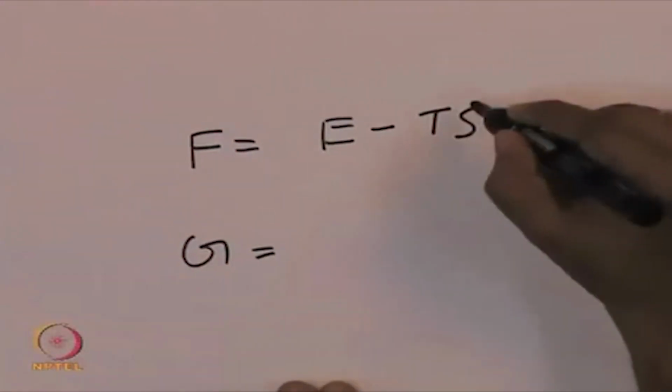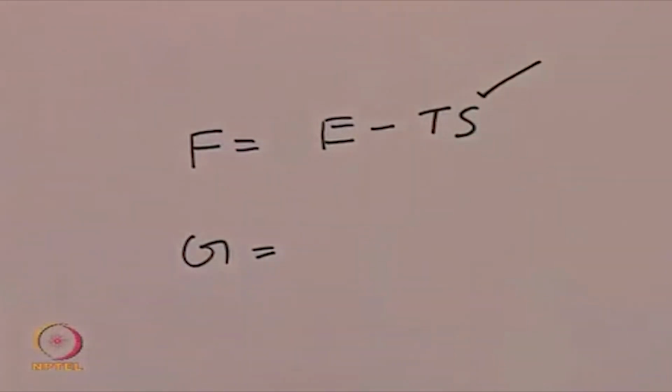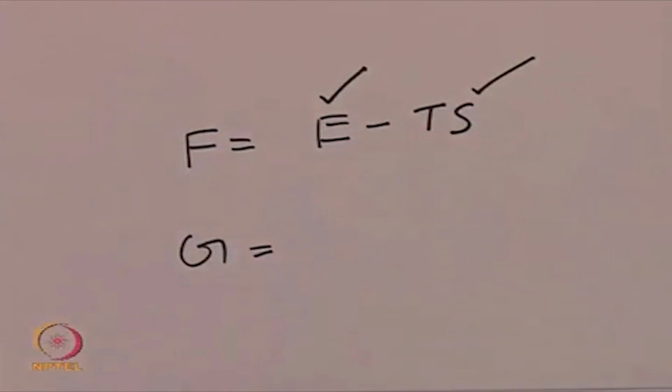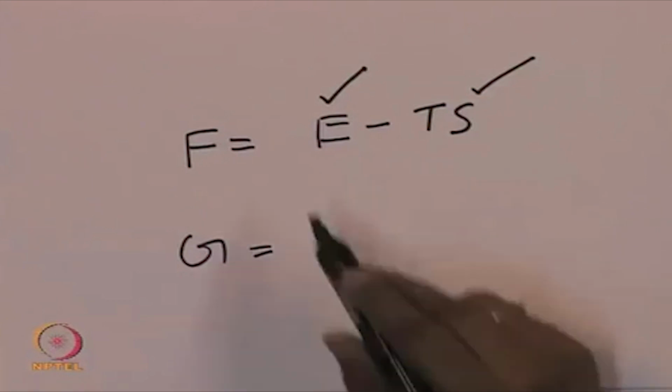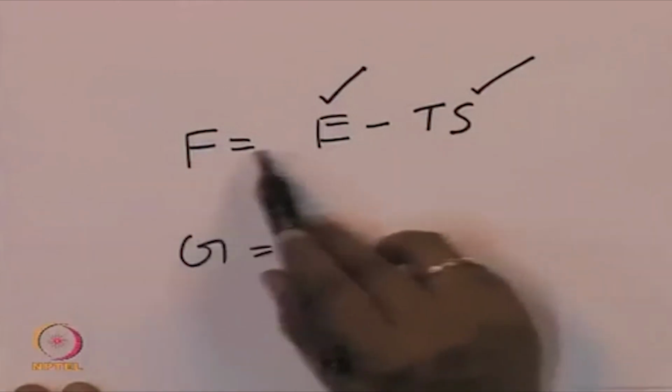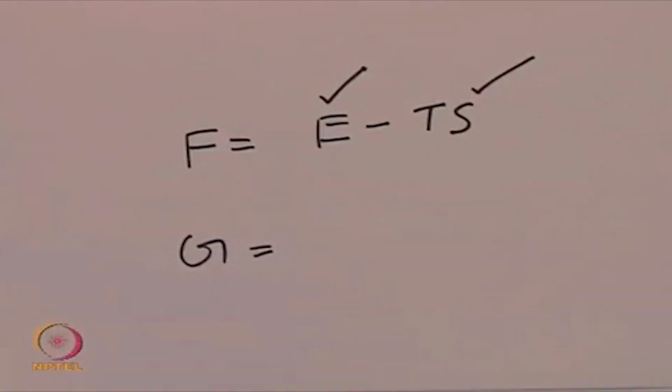So, if we know how to calculate entropy, we know how to calculate energy, which is either half k r square or q1 q2 by r, or some value, and we know T, then we know how to calculate free energy. Why is it useful?